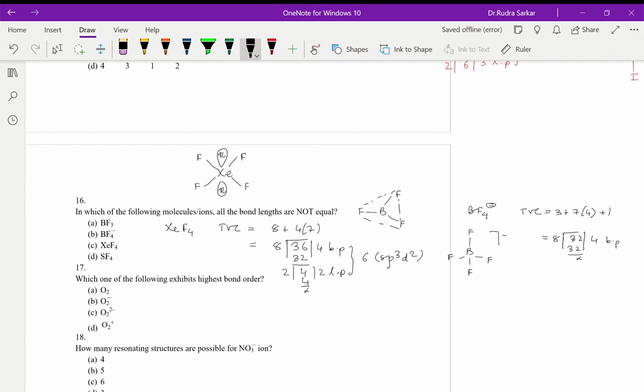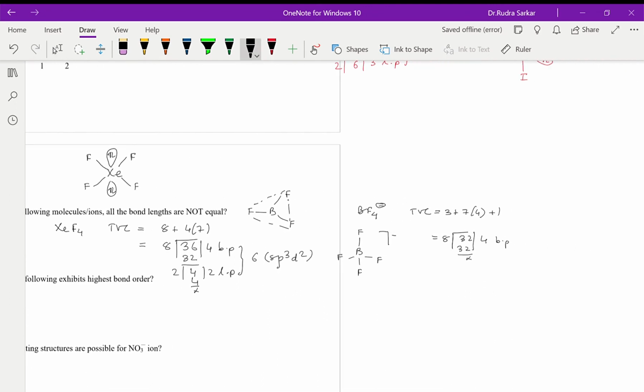For SF4, let us calculate the total valence electron count, which is going to be 6 plus 7 into 4. That means 28 plus 6 is going to be 34. The number is greater than 8, so you divide by 8. You get over here 4.